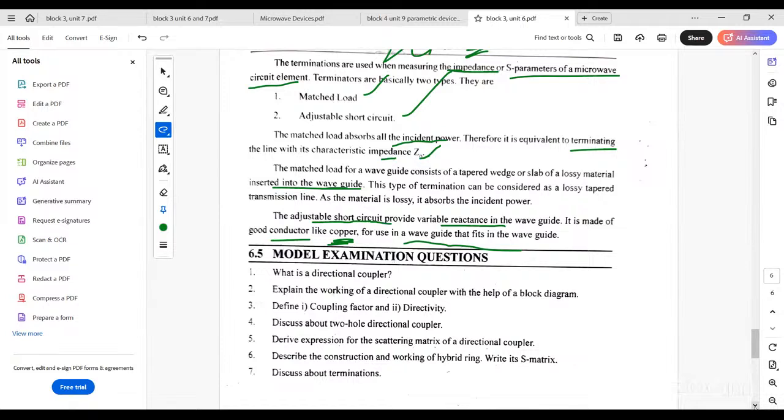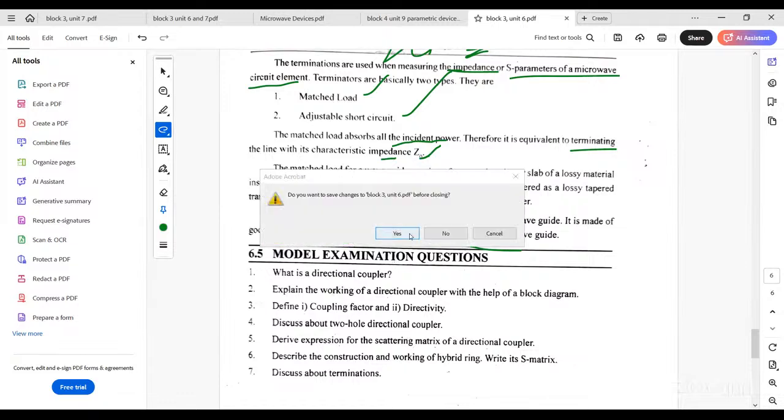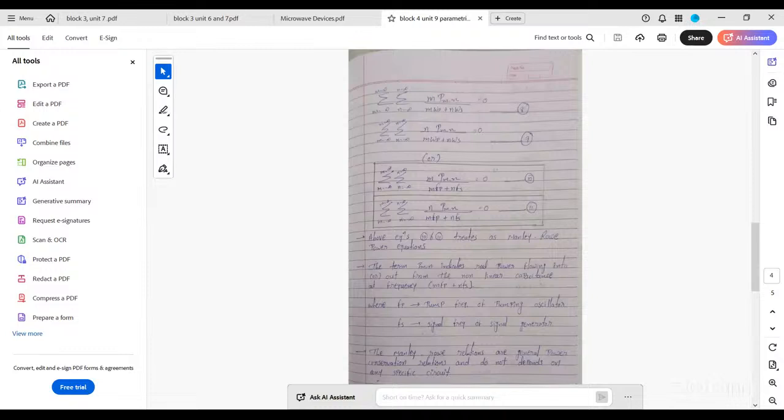This is a very, very important essay question from this block 3. Now we will see unit 7 in block 3.